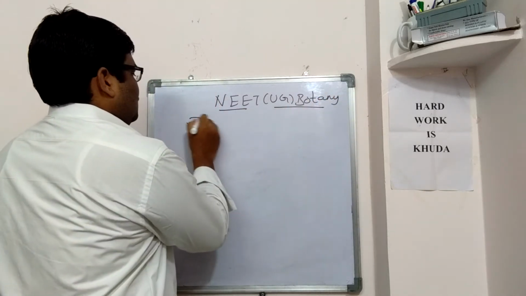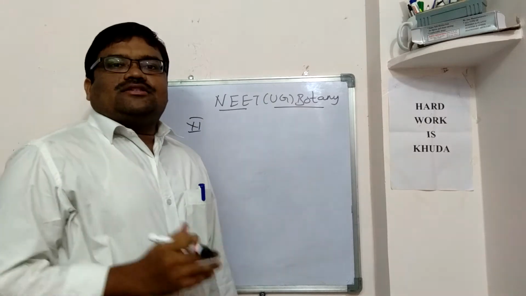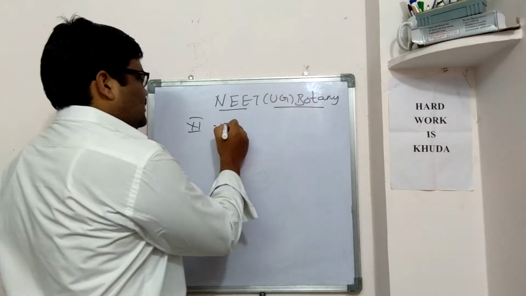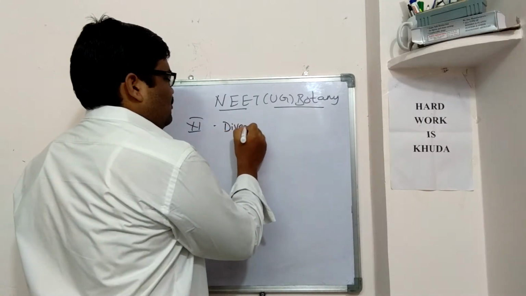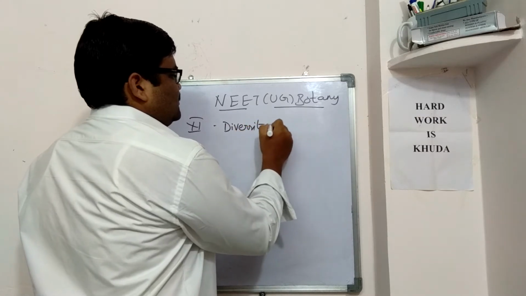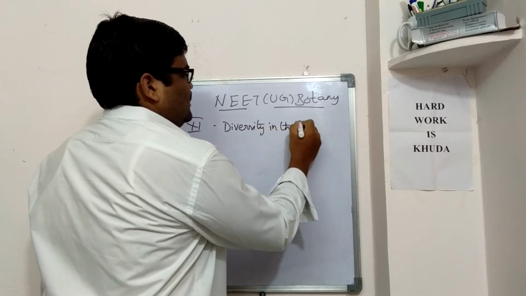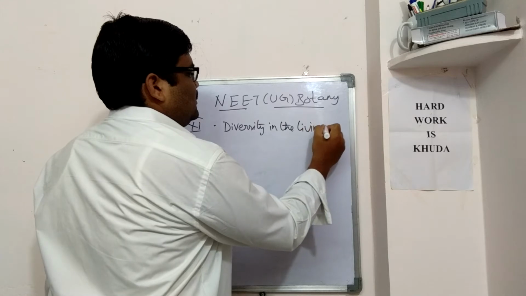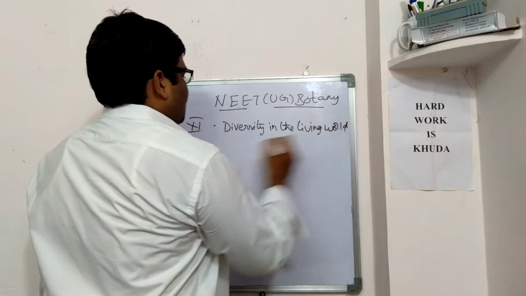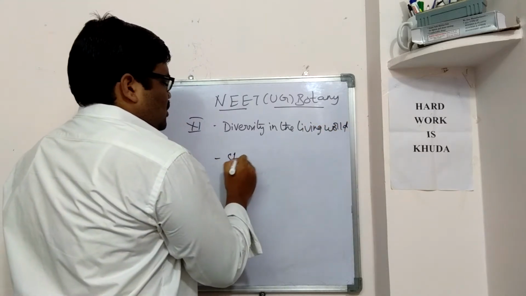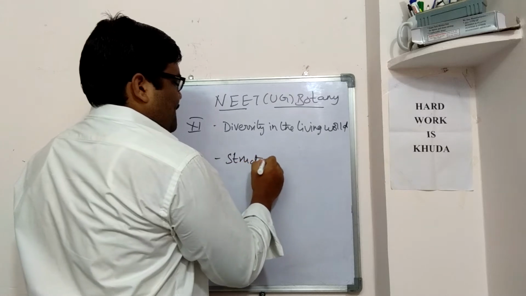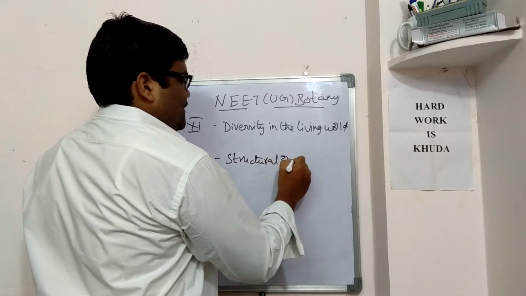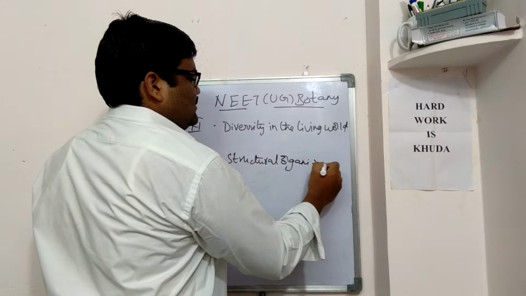Broadly, class 11 consists of 4 units. Number 1, diversity in the living world. Number 2, structural organization in plants.